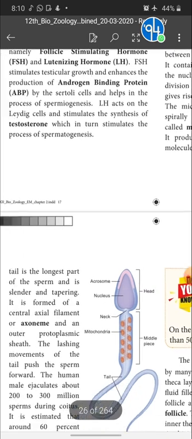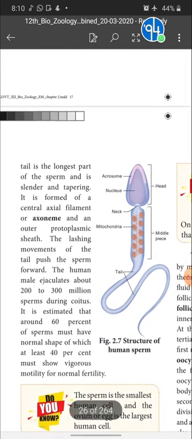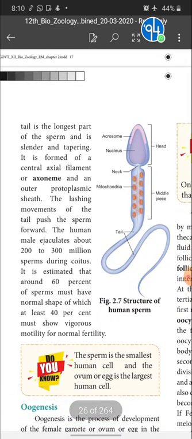Next, the tail is the longest part of the sperm and is slender and tapering. It is formed of a central axial filament or axoneme and an outer protoplasmic sheath. The lashing movement of the tail pushes the sperm forward.